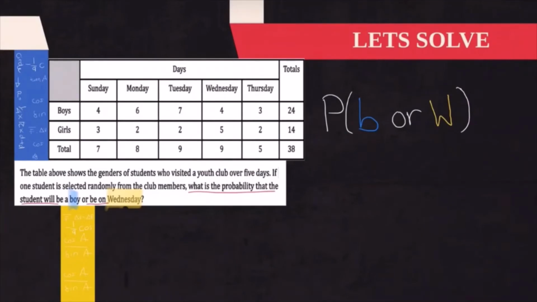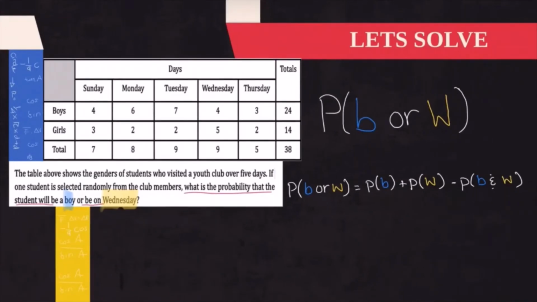These two events are not mutually exclusive, so we'll have to use the probability of a union formula to solve this question, which is the probability of a boy or Wednesday equals the probability of a boy plus the probability of Wednesday minus the probability of a boy and Wednesday.